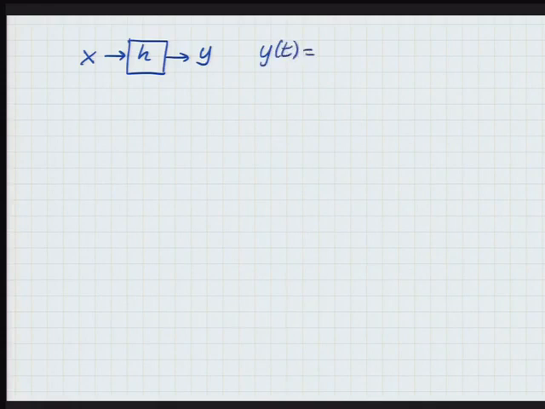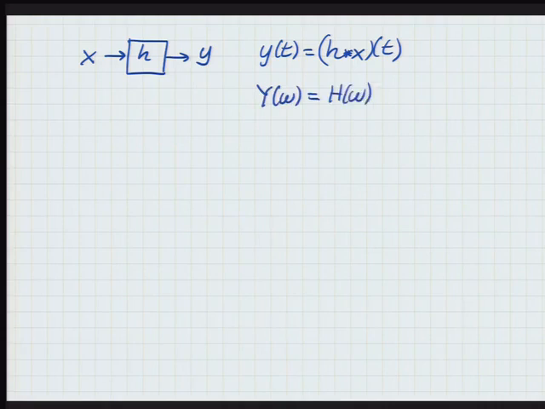If I have x going into an LTI system with impulse response h and comes y, then in the time domain, y of t is h convolved with x of t. In the frequency domain, convolution is easy. It's simply a multiplication of the Fourier transforms. And the Fourier transform of the impulse response is the frequency response of the LTI system.